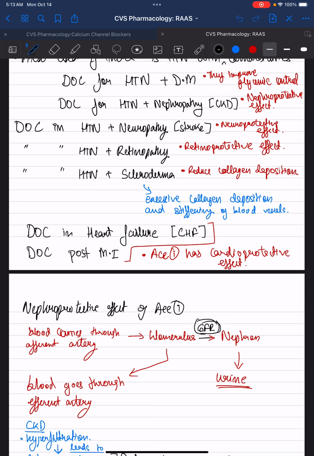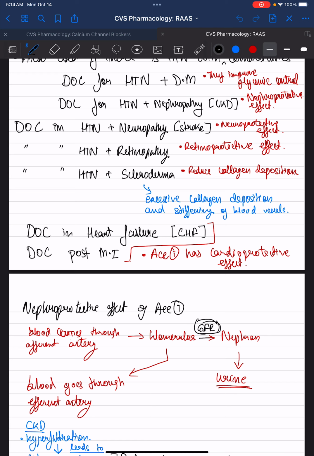They are also the drug of choice for hypertension in a patient with scleroderma, because ACE inhibitors reduce collagen deposition. What is scleroderma? Scleroderma is basically excessive collagen deposition that leads to stiffening of the blood vessels, and ACE inhibitors will reduce the collagen deposition on the blood vessels.